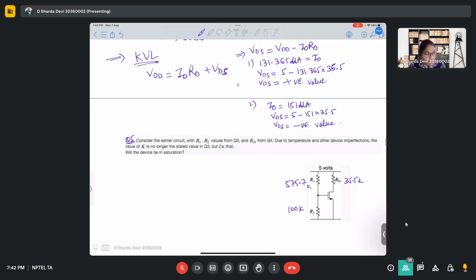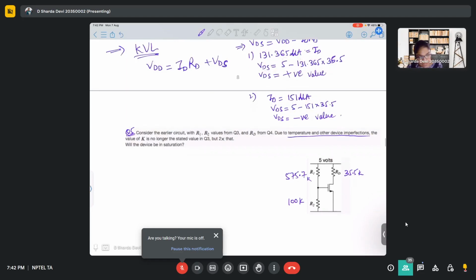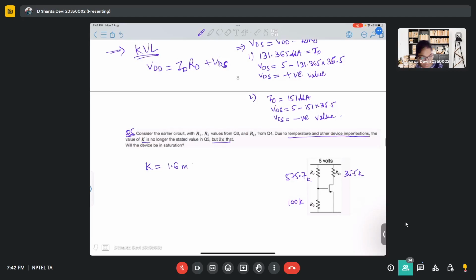In this circuit, it is mentioned that due to temperature and other device imperfections, the value of K is 2 times K. So the K that was earlier 1.16 millisiemen per volt has become K dash, that is twice K. So the question is, will the device still be in saturation?